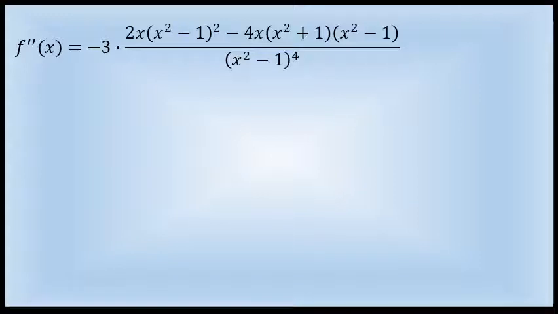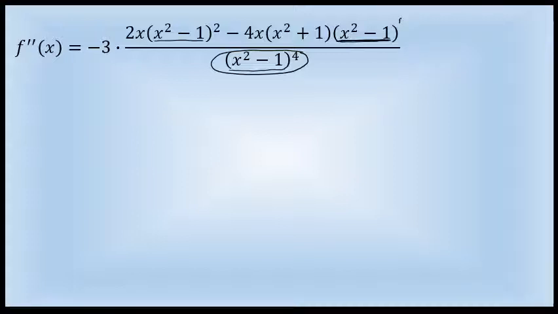Continuing this simplification process of the second derivative is something that will always happen when taking the second derivative of rational functions. In the denominator, I have a quantity to the fourth power. This x squared minus 1 to the fourth quantity will match up with a quantity of x squared minus 1 in both terms in the numerator. Before the minus sign, there's x squared minus 1 to the second power, and after the minus sign, there's x squared minus 1 to the first power.